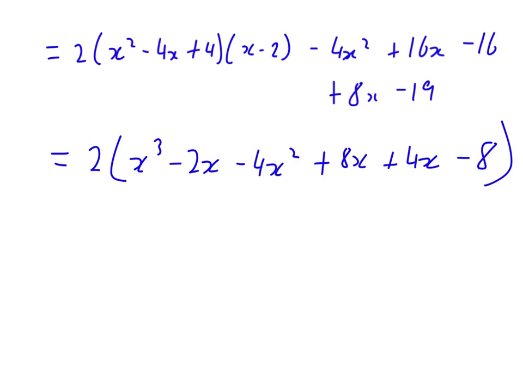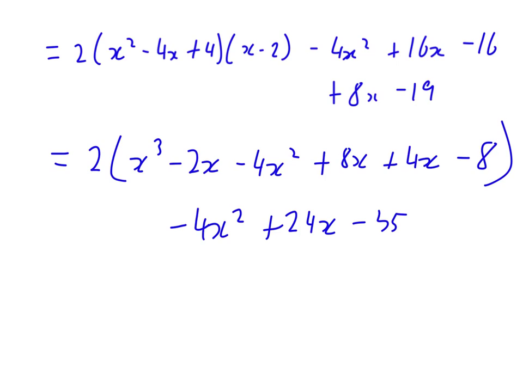We'll get there soon. With what's left over, we've got an x squared term. We've got two x terms, so I can add them. 16x plus 8x is 24x. And then the constant terms, negative 16 and negative 19 is negative 35.